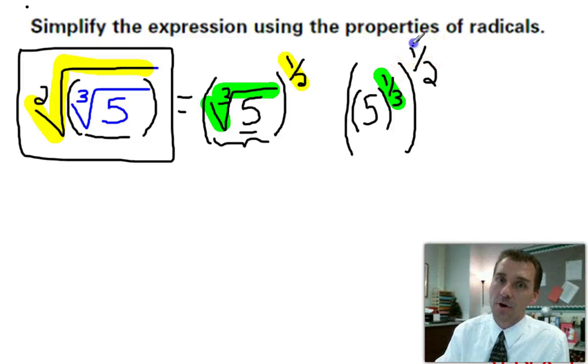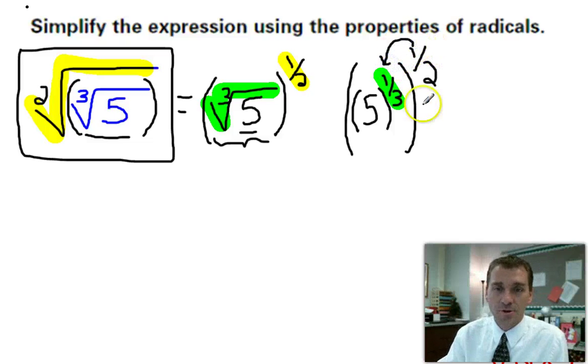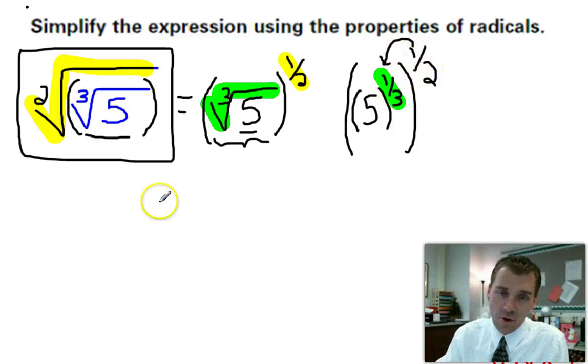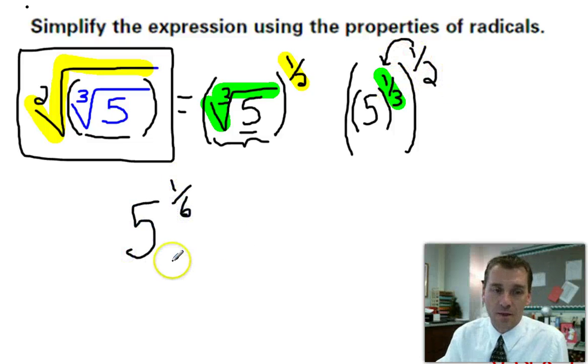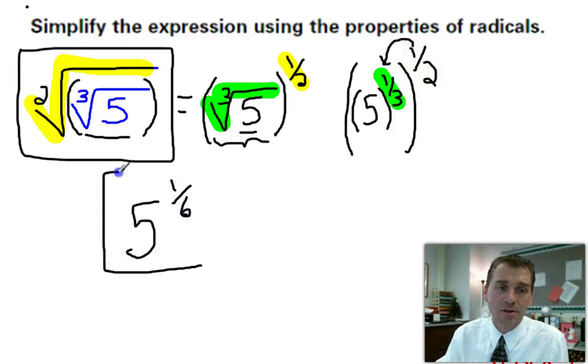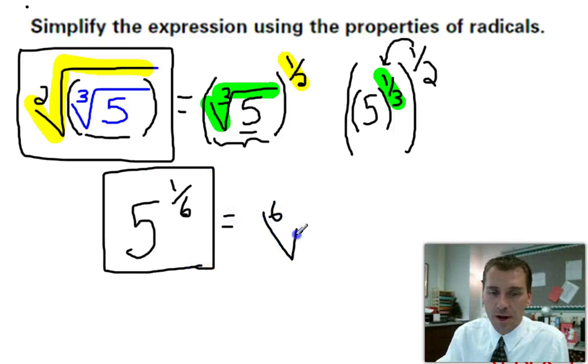Now I can use my power of a power rule and take 1/2 times 1/3, which gives me 5 to the 1/6 power. Awesome. By the way, that right there is your final answer. That is simplified as much as possible. If you want to write it in radical notation form, it is the 6th root of 5.